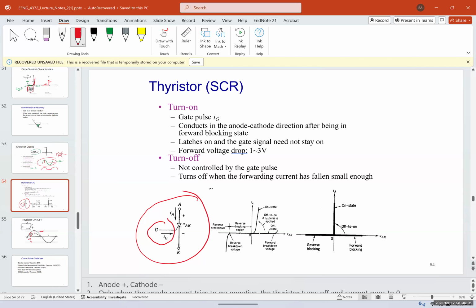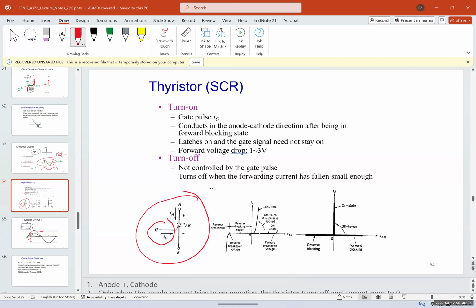We call it the gate pulse, or IG. It conducts in the anode-cathode direction. After being in the forward blocking state, it latches on, and the gate signal need not stay on. So you just turn it on and it stays on. The forward voltage drop is usually 1 to 3 volts. We don't have any control on when to turn it off, so it's not controlled by the gate pulse.